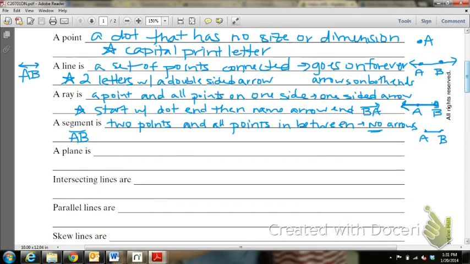Okay, a plane is a flat surface, kind of like a sheet of paper, but not a whole box, but it could be the side of a box.